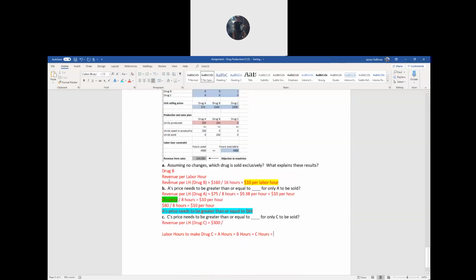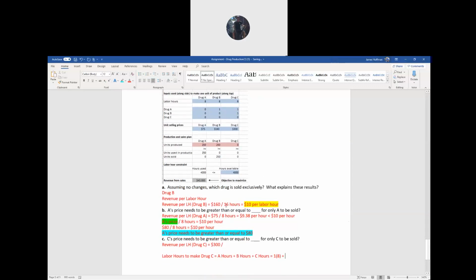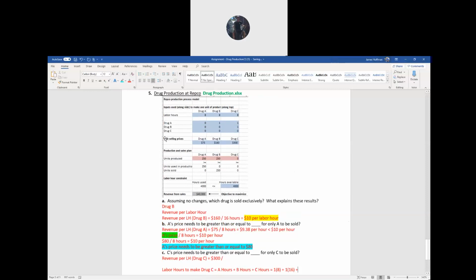Okay, so if we break it down, we see that we need one drug A, and it takes 8 hours to make a drug A. We need one drug B, and it takes 16 hours to make a drug B. Then we're going to add 8 more hours to make the drug C, right?